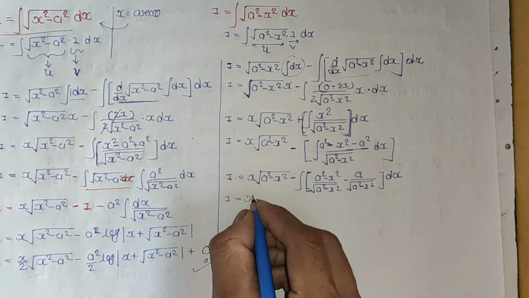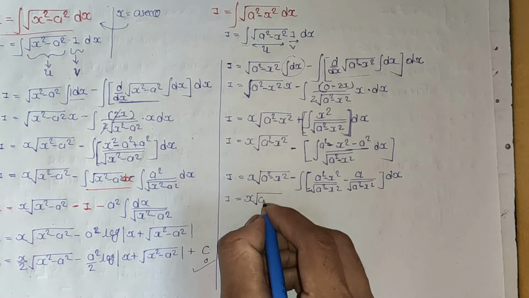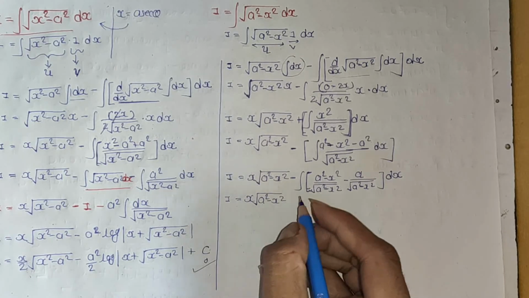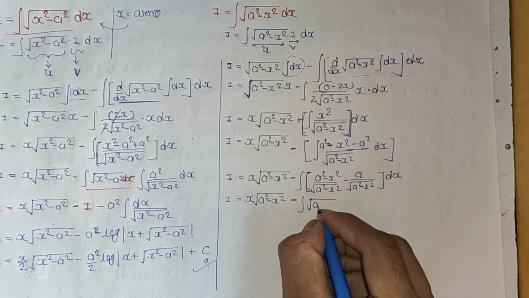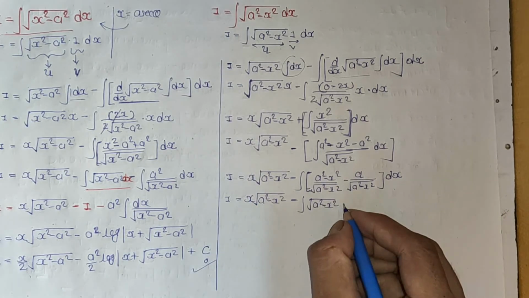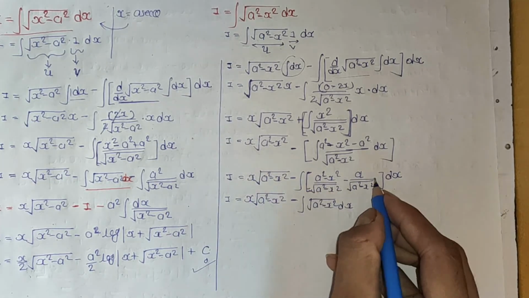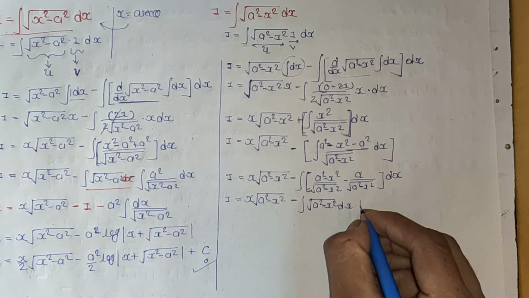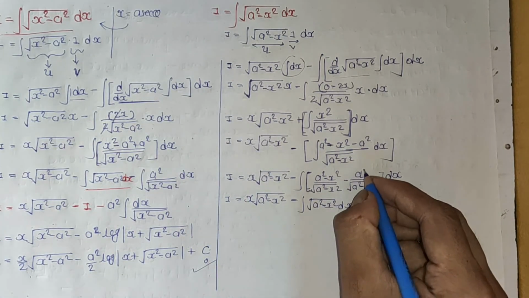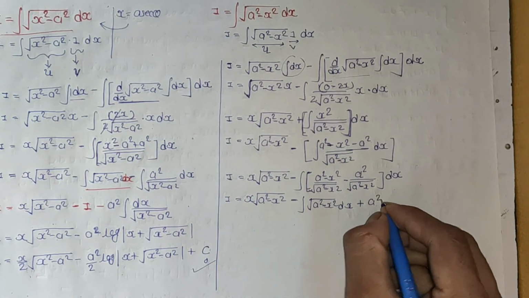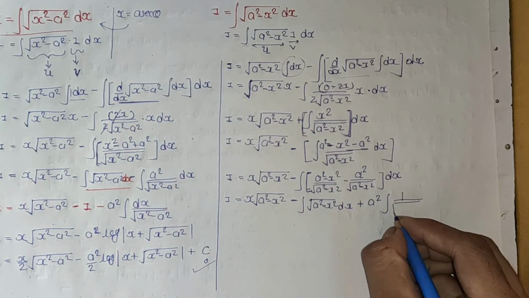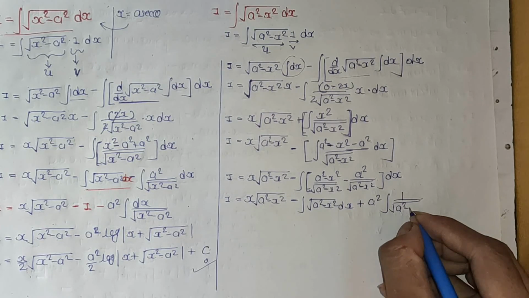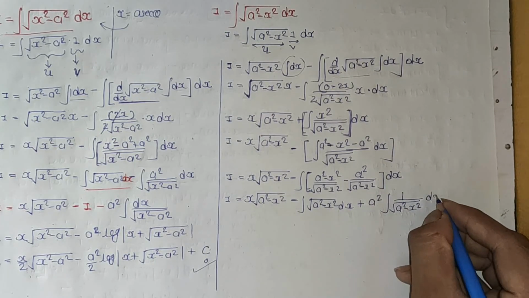I equals x square root of a square minus x square minus integration of square root of a square minus x square dx. Open the bracket, and this minus will be plus. Here a square, take a square outside the integral, a square integration 1 by square root of a square minus x square dx.